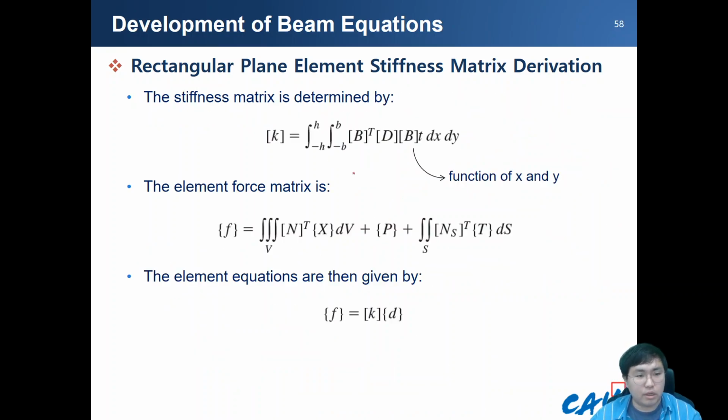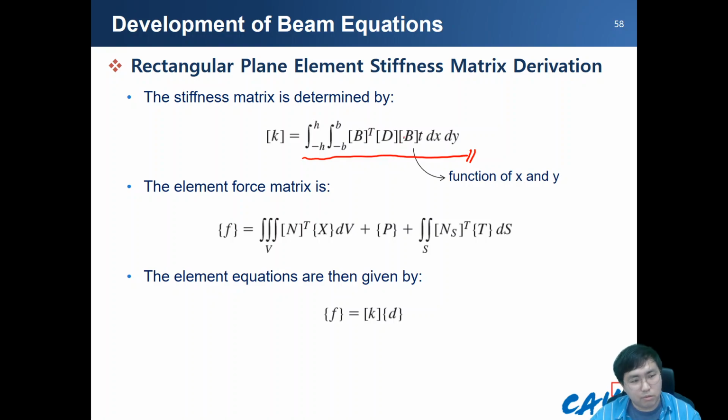In the same manner, our general stiffness matrix equation can be expressed like this: B transpose, multiplied by the elastic stiffness matrix and the B matrix, and the thickness, with the cross-section integration over the whole domain or surface. But we have a specific region, from minus b to b and minus h to h.